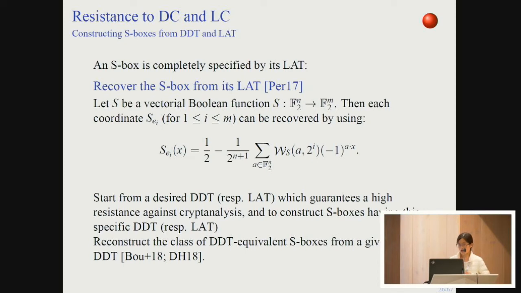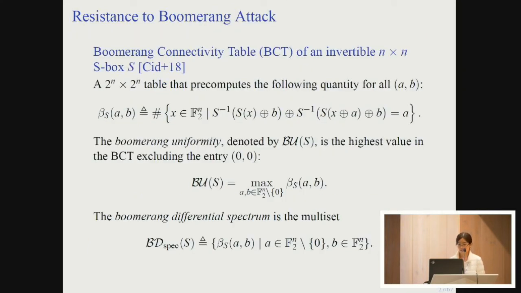An S-box can be completely specified by the linear approximation table, so it is possible to recover the S-box from the LAT, and also from some good DDT, we may recover some DDT equivalence class of S-boxes. However, this functionality is currently not supported by Pagan.